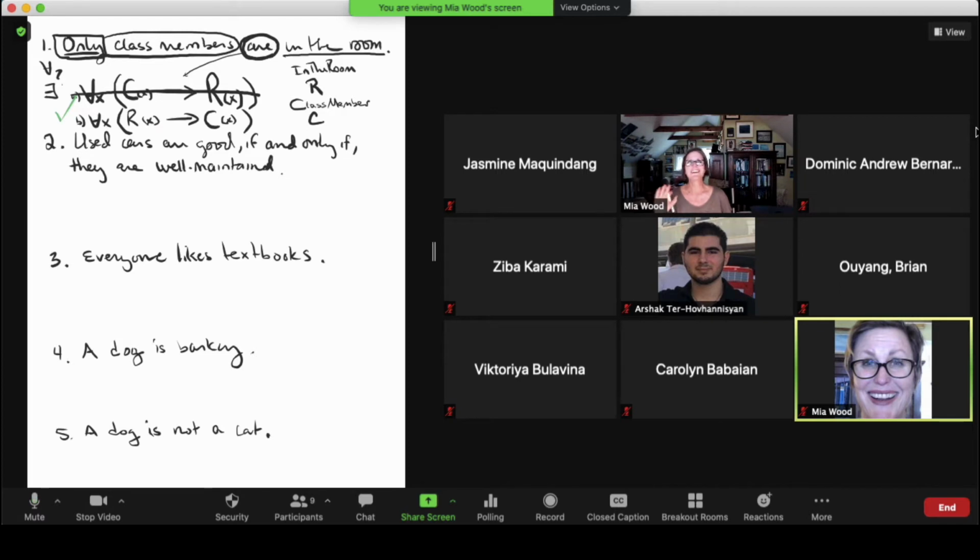Let's move on to the second exercise. Used cars are good if and only if they are well maintained. So, we know as a matter of reference that the "they" refers back to the used cars.